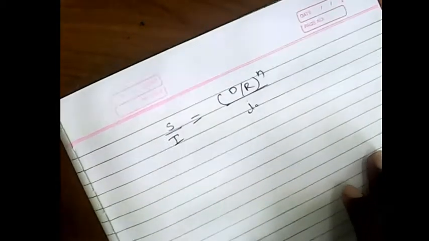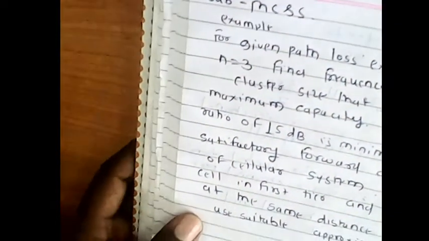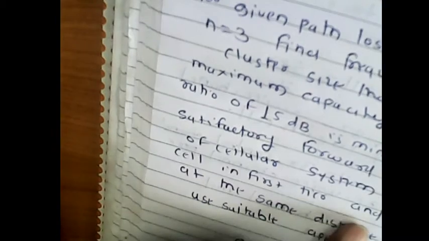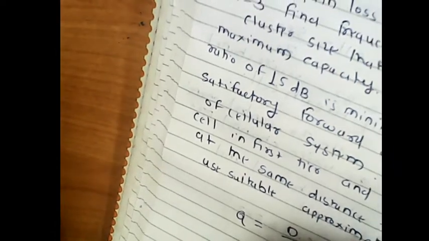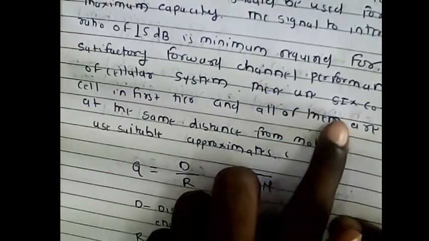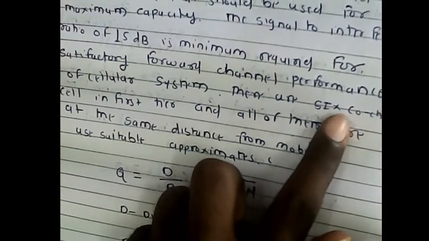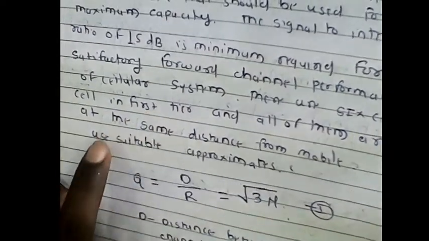In this design problem, the number of co-channel interfering cells is 6, and this is the first tier.